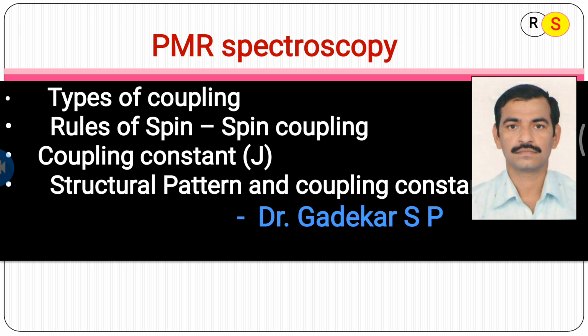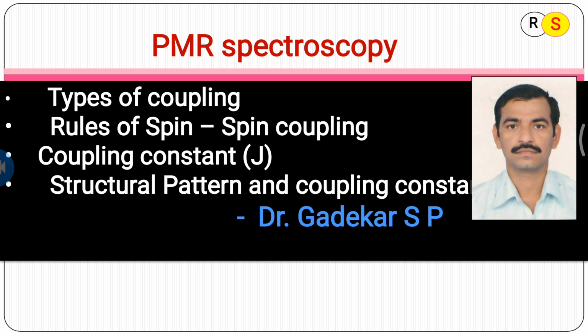In this spin coupling we discussed ethyl bromide, or ethyl chloride, and its splitting pattern. For ethyl bromide, if we take a spectrum at low resolution it gives 2 signals, but under high resolution the 2 signals split into different patterns.